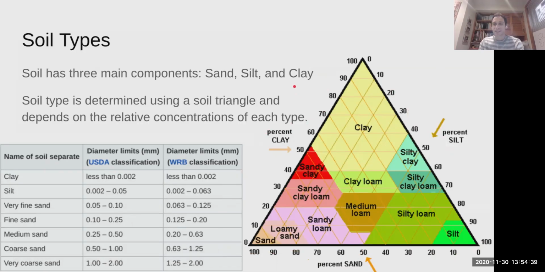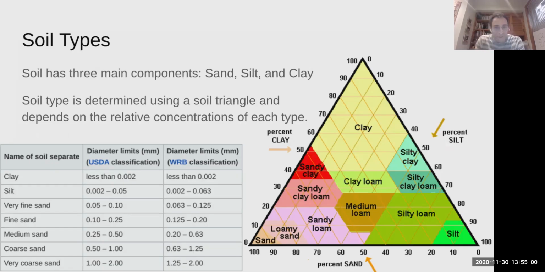Well, what are clay, silt, and sand? It's just the size of the particles. That's all that means. So clay are soil particulates that are very, very small, less than 0.002 millimeters, teeny tiny little granules of dirt.